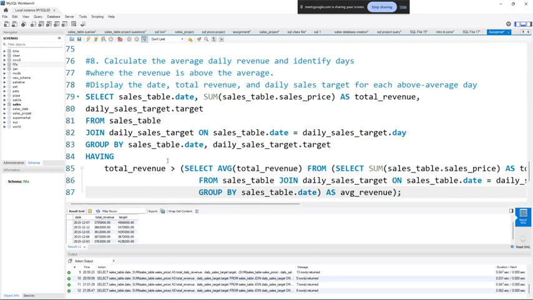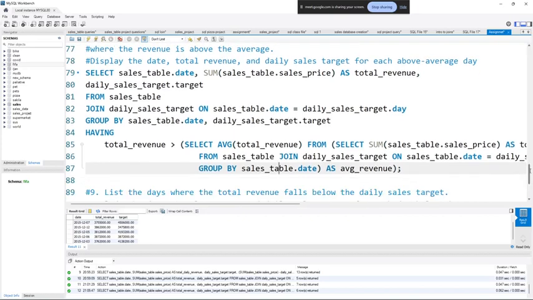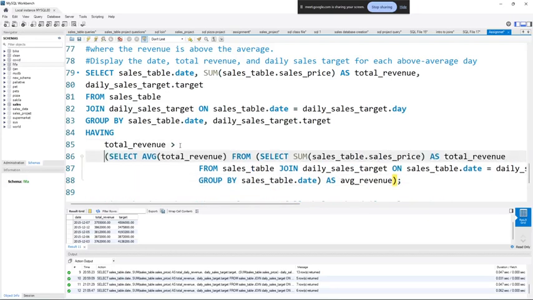Now, before I do this, I want to show you something. I want you to see all of this very well.